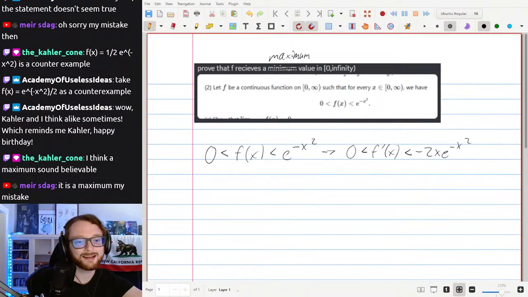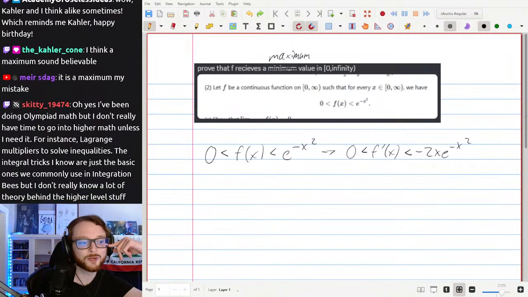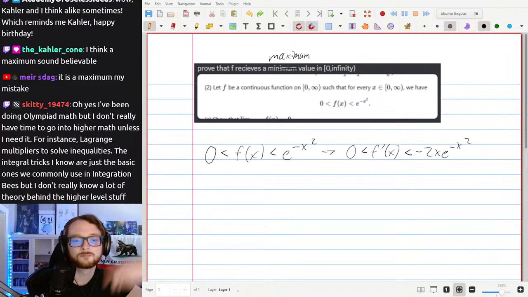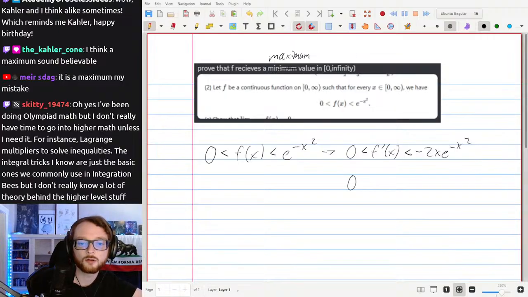So yeah, I think I need to be more careful than I'm being, because they only said continuous and not differentiable, but if I just plow through that, 1 is less than f prime 0 is less than 0.